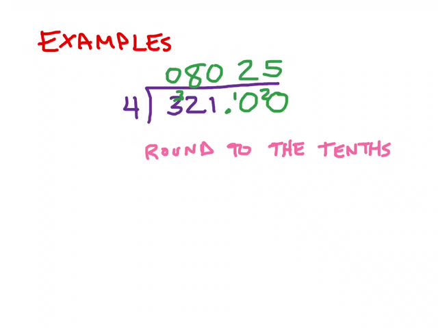So this isn't a true non-terminating decimal. This is a terminating decimal. It actually ended right here. So if I was happy with that, I could just call it 80 and 25 hundredths. If, on the other hand, I still want to do this rounding to the tenths, that's fine. I've gone to the hundredths place, so I can decide to round this to 80 and 3/10.